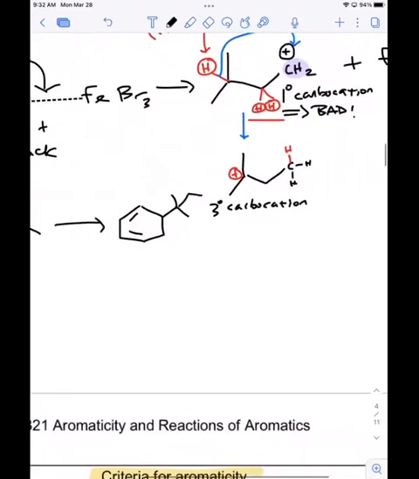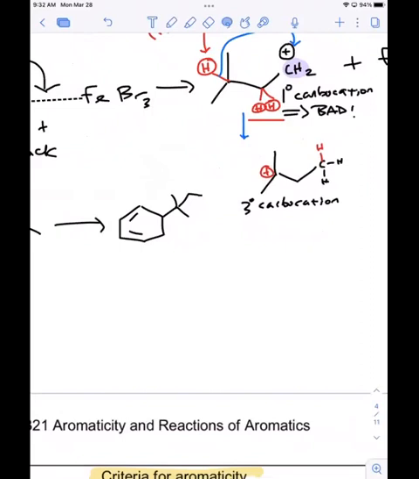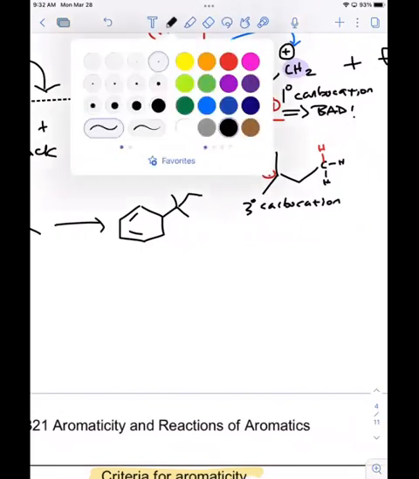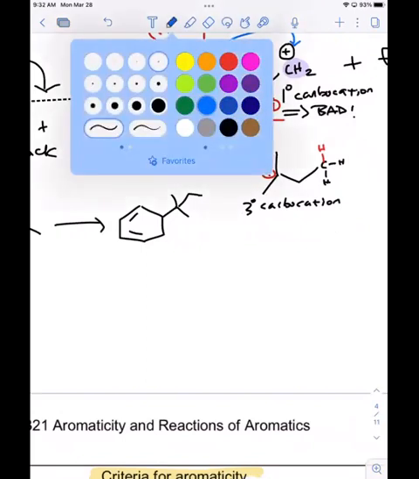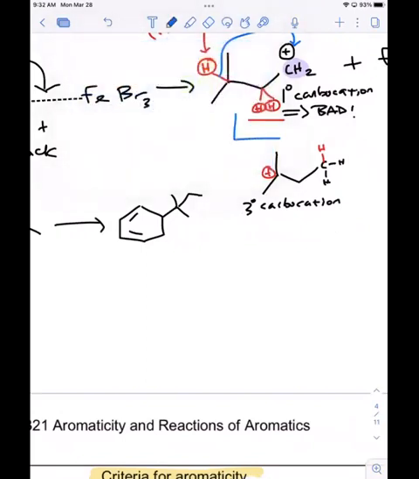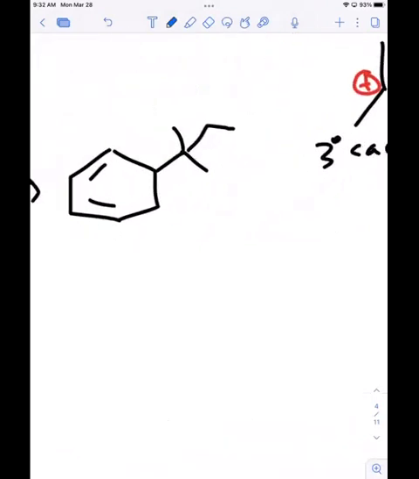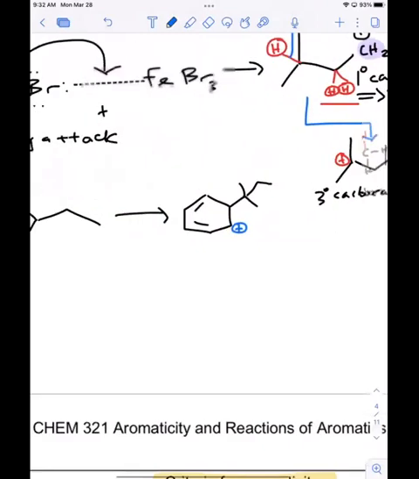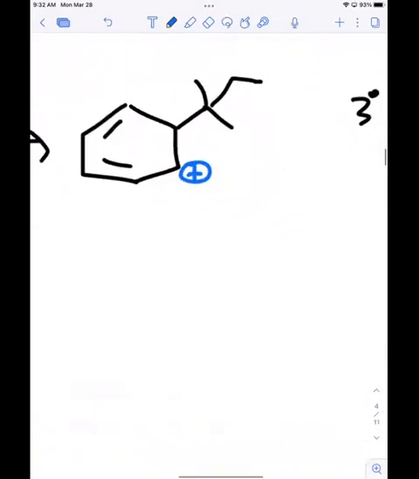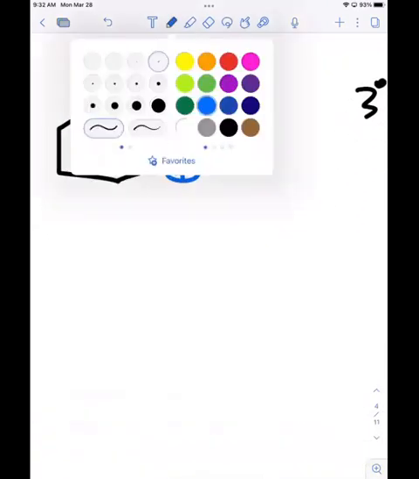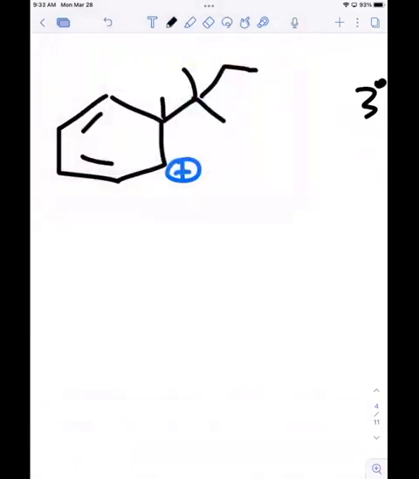Let me move this over some. Plus charge here. Same exact mechanistic pathway.